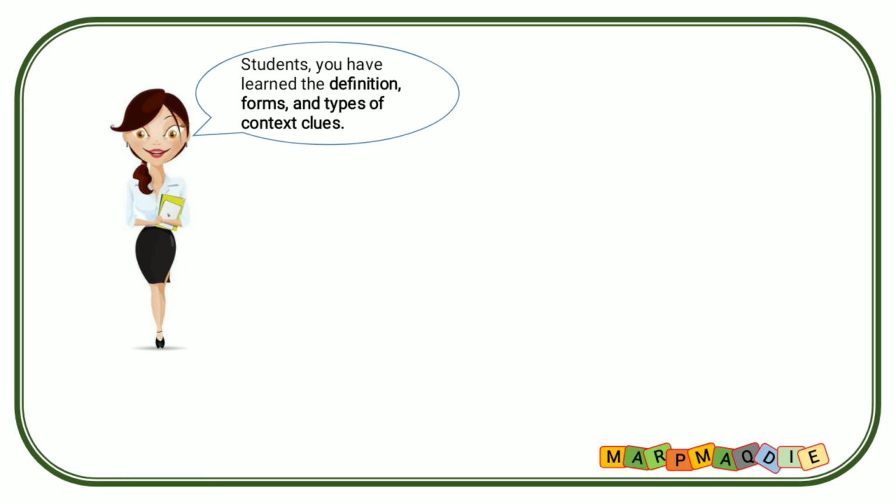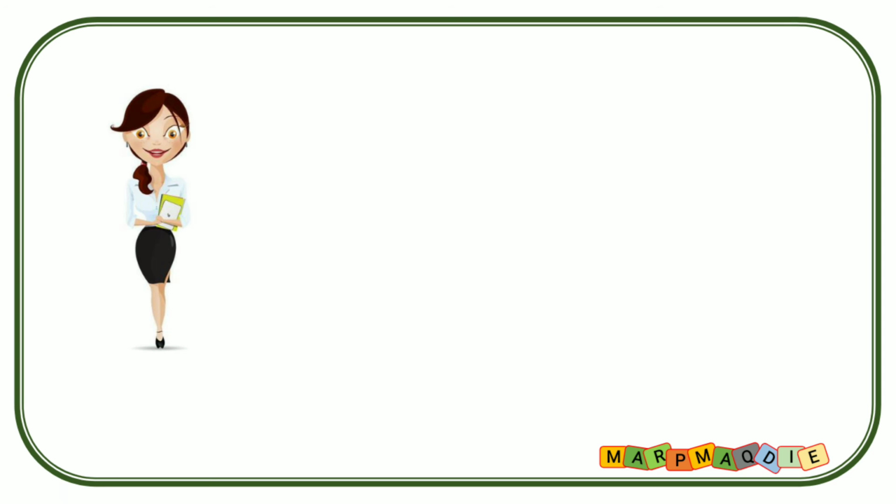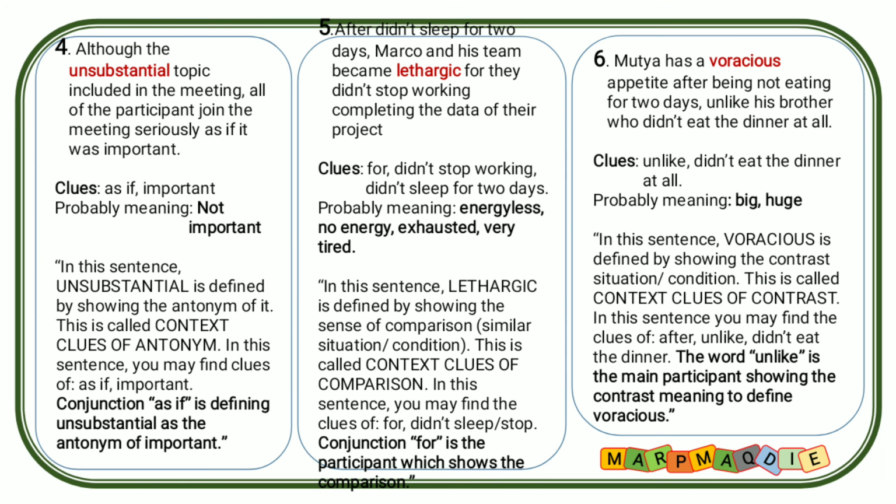So there are 6 types of context clues, starting from examples, definitions, comparison, contrast, antonym, and synonym.